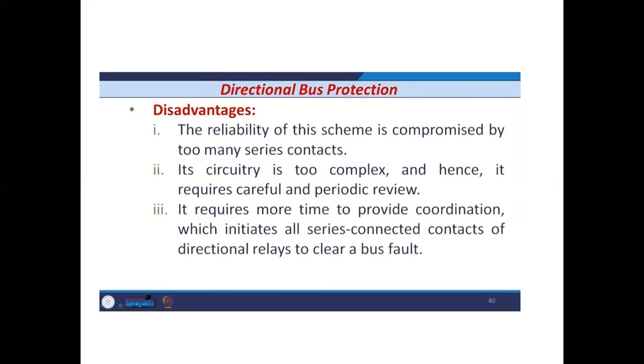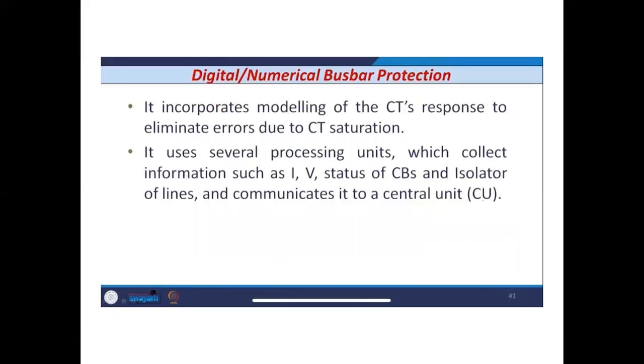This type of relay incorporates modeling of the CT response to eliminate the errors because of CT saturation. It uses several processing units which collect the CT secondary current, the PT secondary voltage, and the status of the circuit breaker and isolator connected with the line.